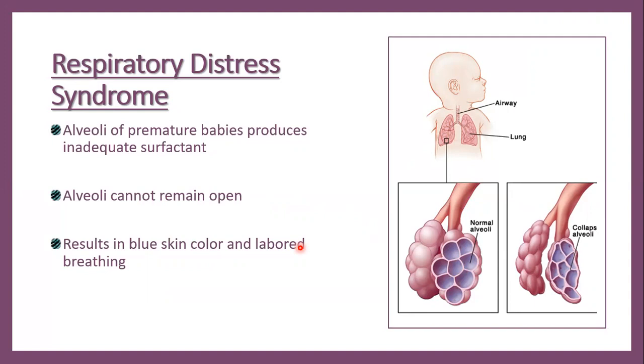Sometimes just oxygen, but most of the time we need to put them on a CPAP to give them extra help. Sometimes we inject surfactant until their lungs are mature and they can breathe on their own without difficulties. It's more common in males than females.